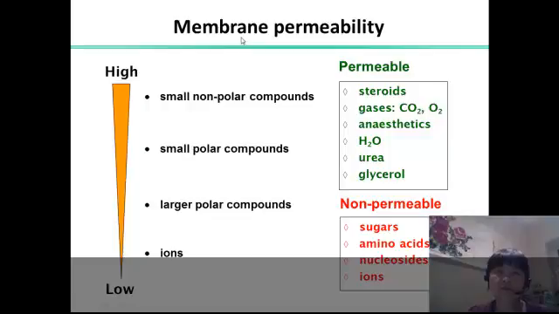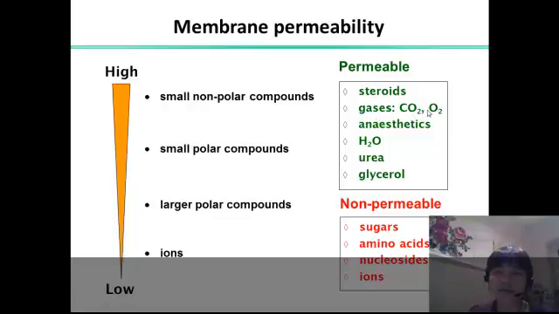That is called the membrane permeability. So with a higher permeability, that means easy to cross the membrane, down to the lower permeability that is difficult to cross the membrane. The group that are easy to cross the membrane are the small non-polar components, and the examples are steroids and gases, so carbon dioxide and oxygen.